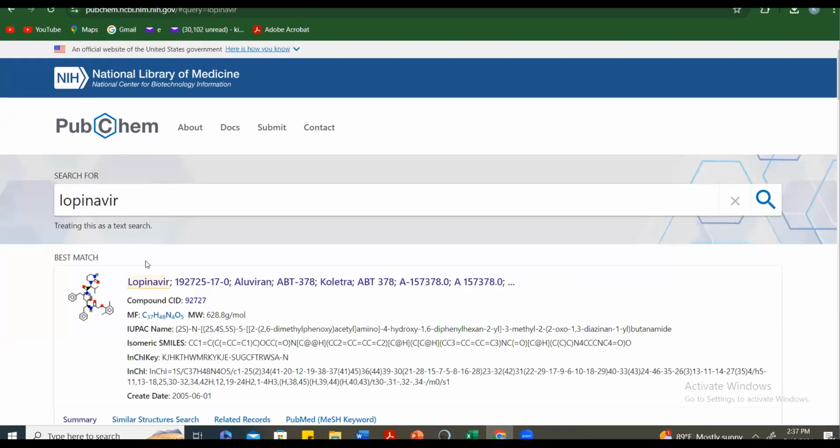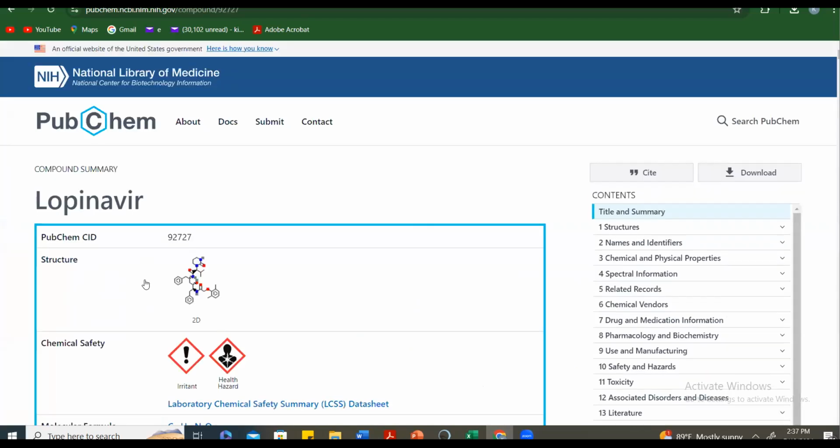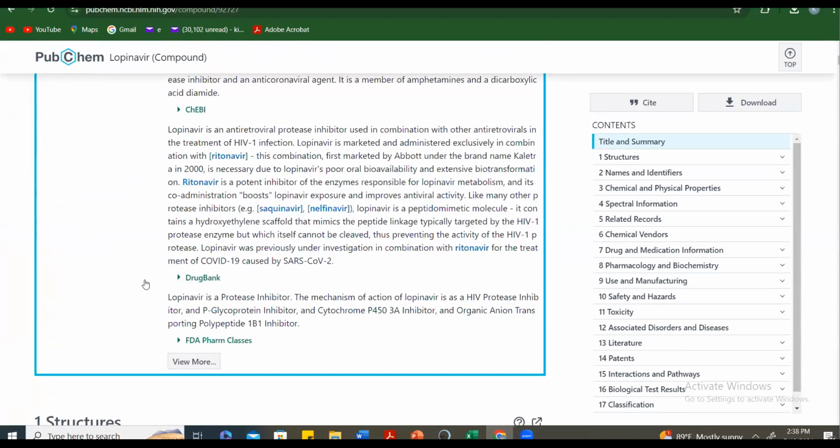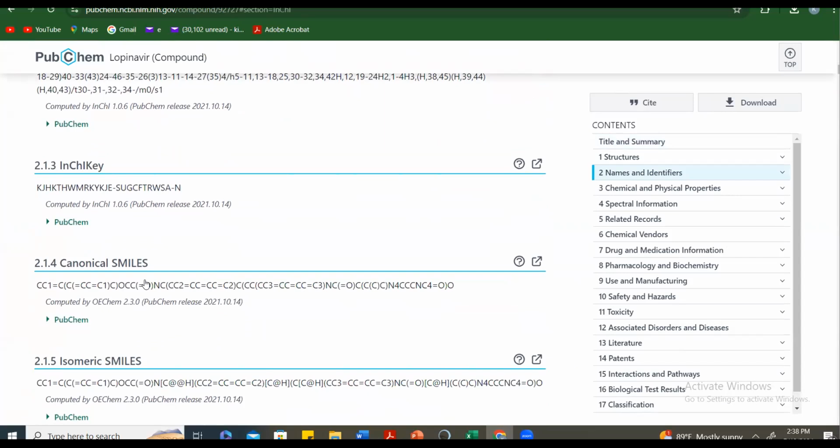This is lopinavir, right? So let's go and copy the canonical SMILES. Don't forget, I said canonical SMILES, not isomeric SMILES. So copy this canonical SMILES. Ctrl C, right?